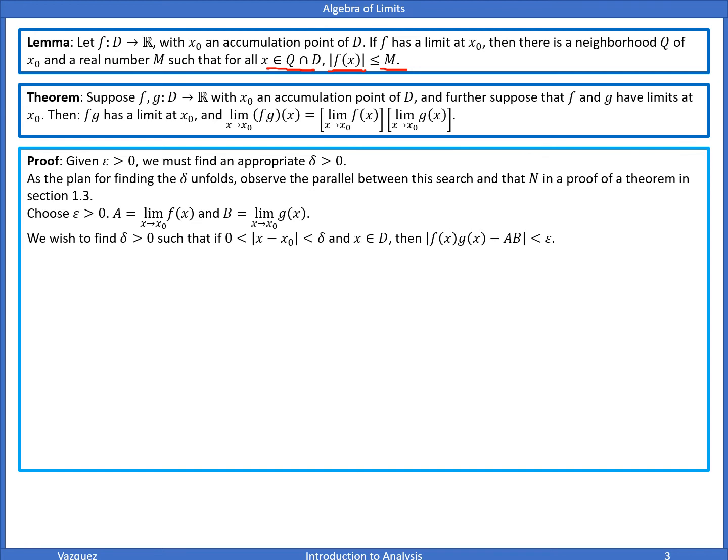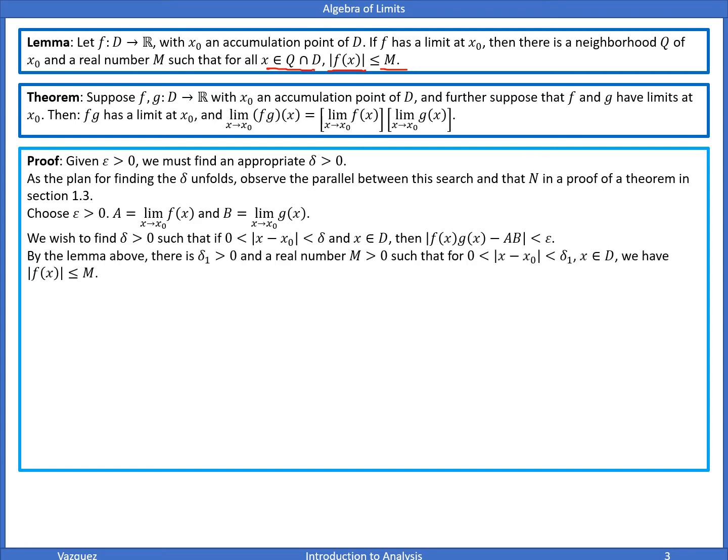So, by the lemma above, there's a delta sub 1 greater than 0 and a real number M such that f of x is bounded.